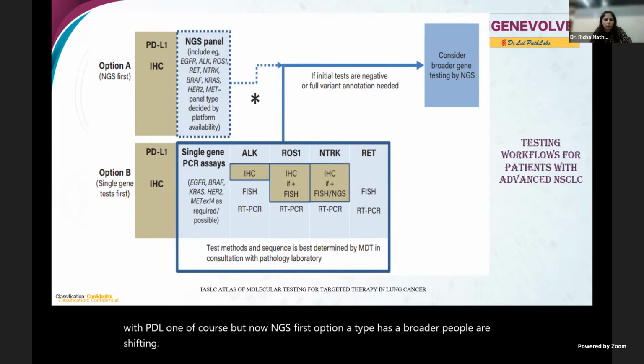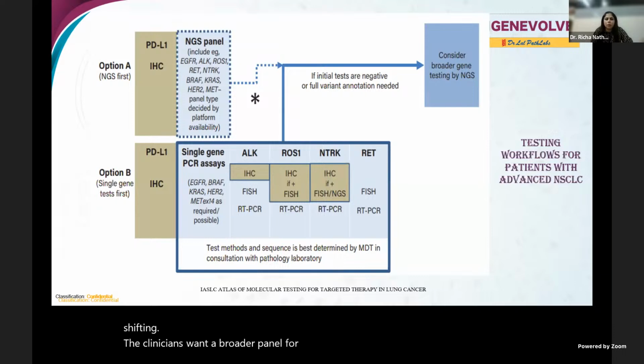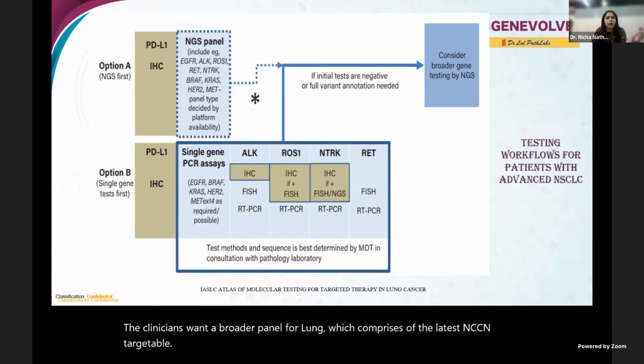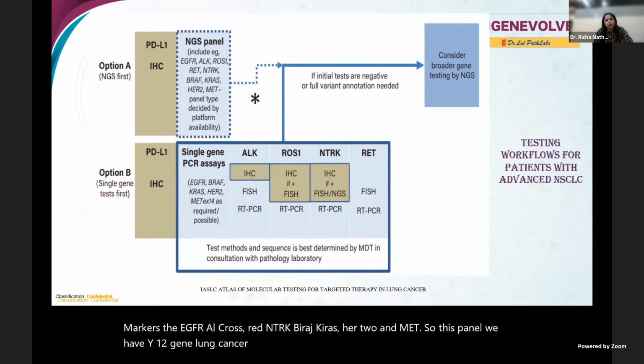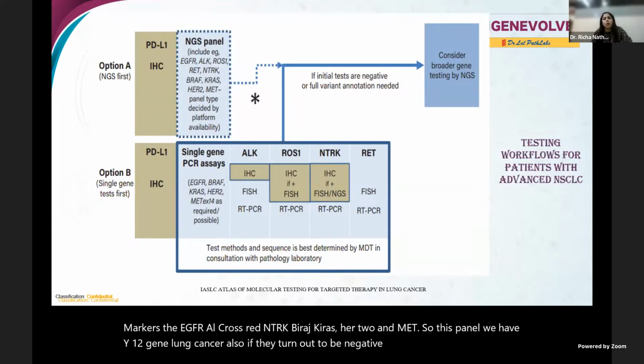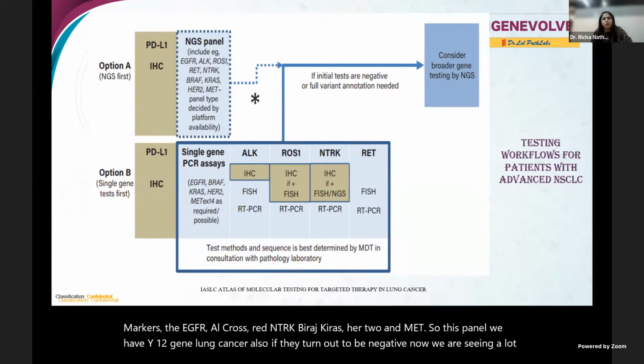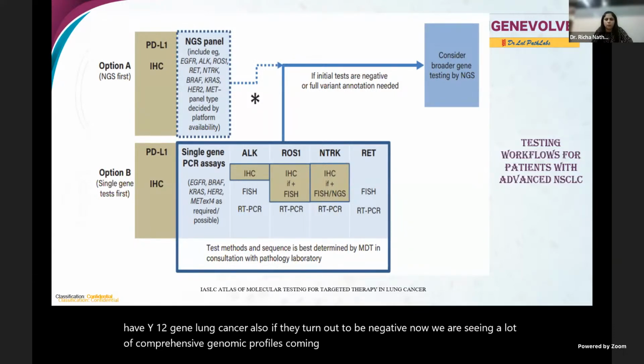The clinicians want a broader panel for lung, which comprises the latest NCCN targetable markers: EGFR, ALK, ROS, RET, NTRK, BRAF, KRAS, HER2, and MET. This panel we have as a 12 gene lung cancer panel. Also, if they turn out to be negative, we are now seeing a lot of comprehensive genomic profiles coming in for lung.